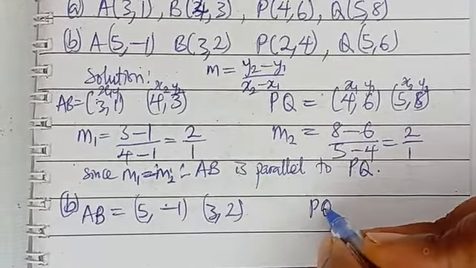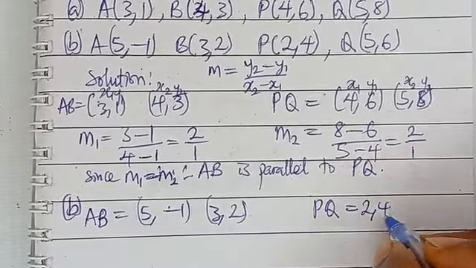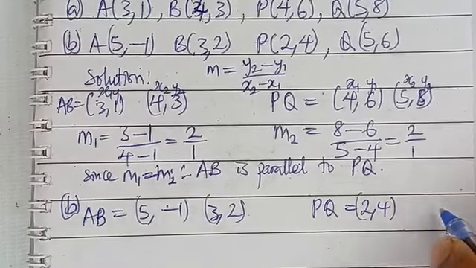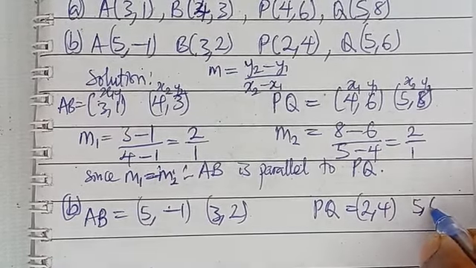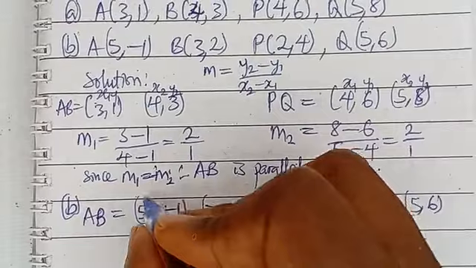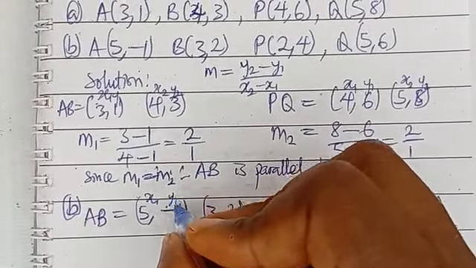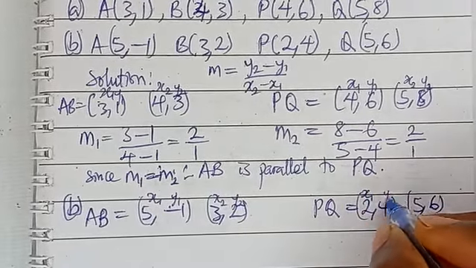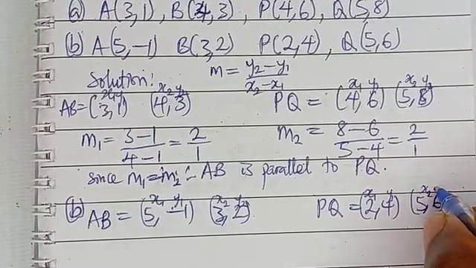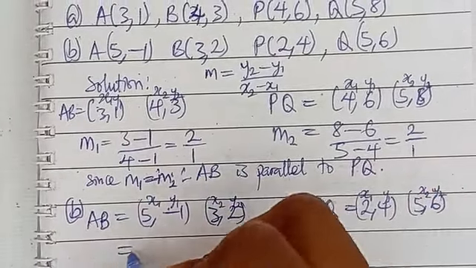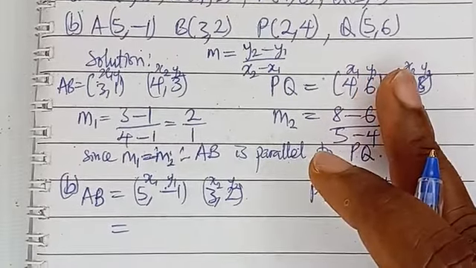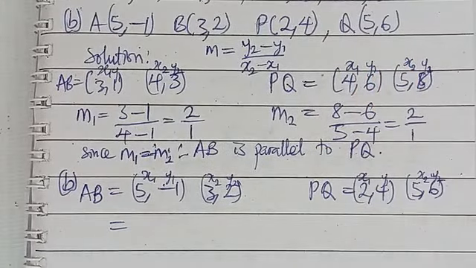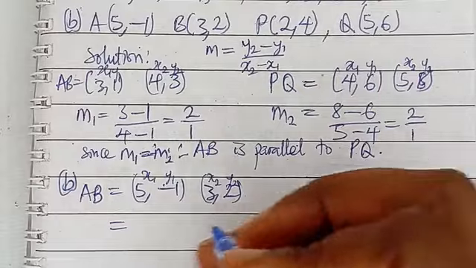And then we have that PQ is equal to (2, 4) and (5, 6). x1, y1, x2, y2, x1, y1, x2, y2. Always write these things out so that it helps you to identify each of the values correctly.